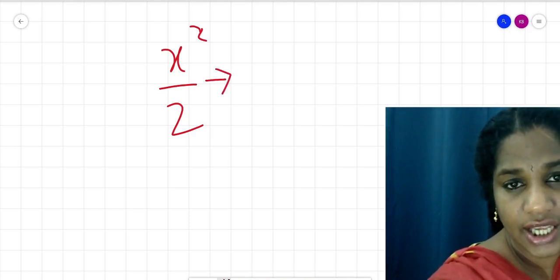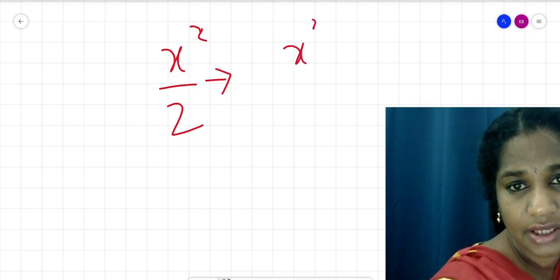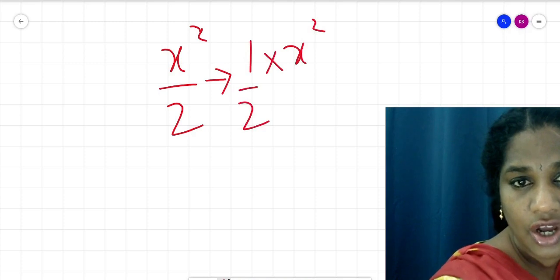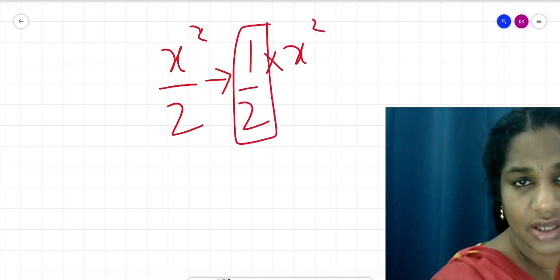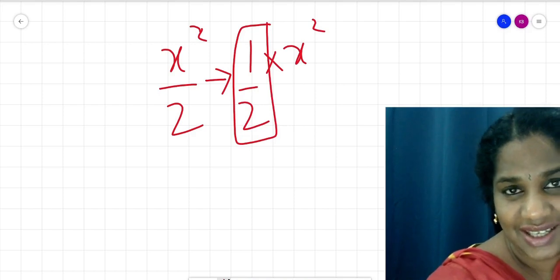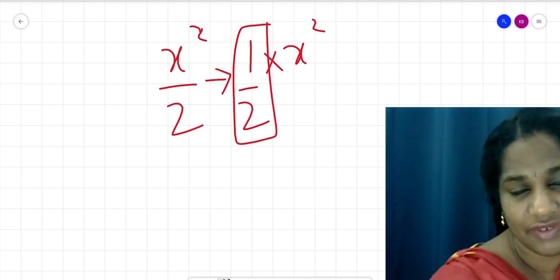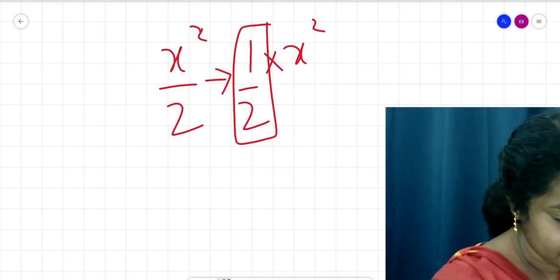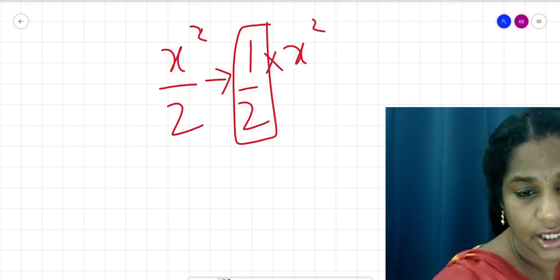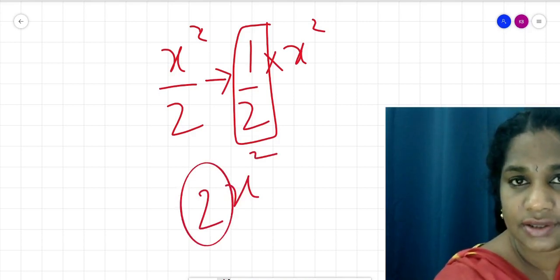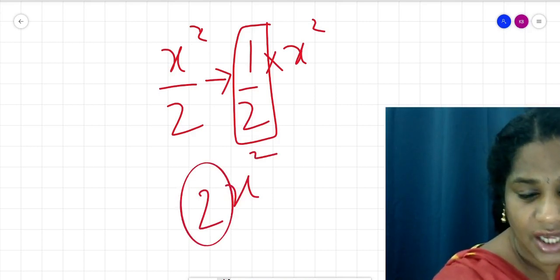We have to see with the variable, what are you multiplying? 1 by 2. So this block, the constant block, is the coefficient. Okay, 1 by 2 is the coefficient in x square by 2. Is that clear? In 2x square, all of you know 2 is the coefficient, right?